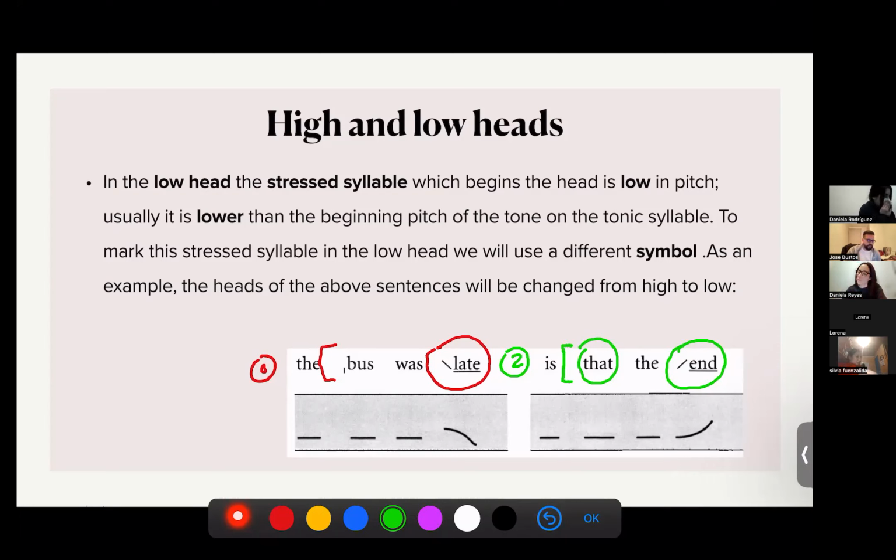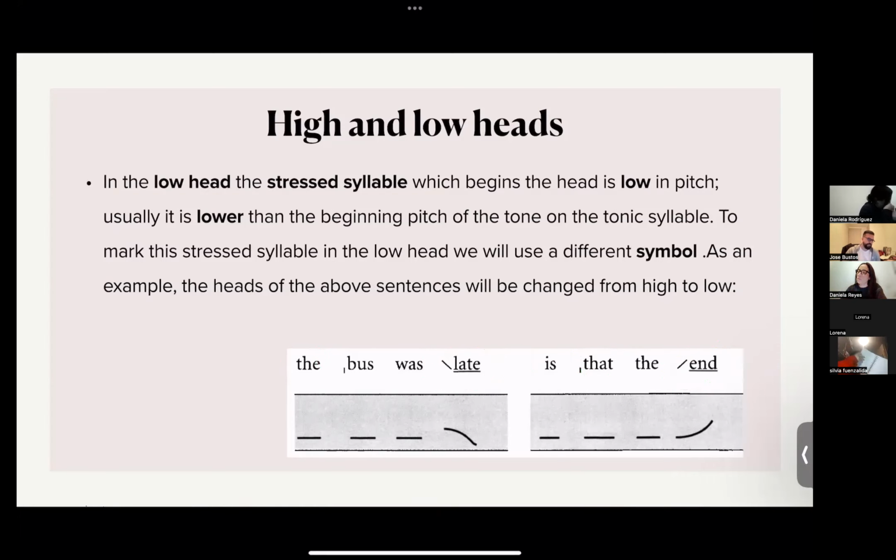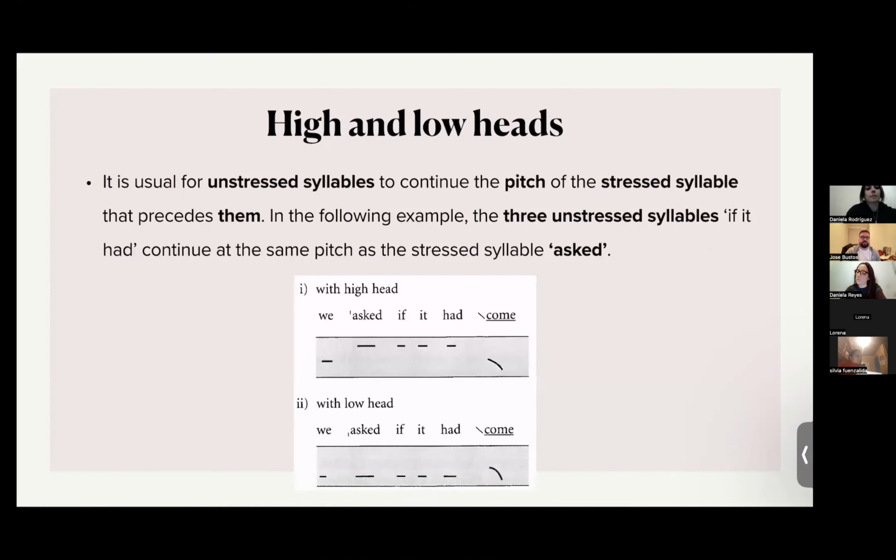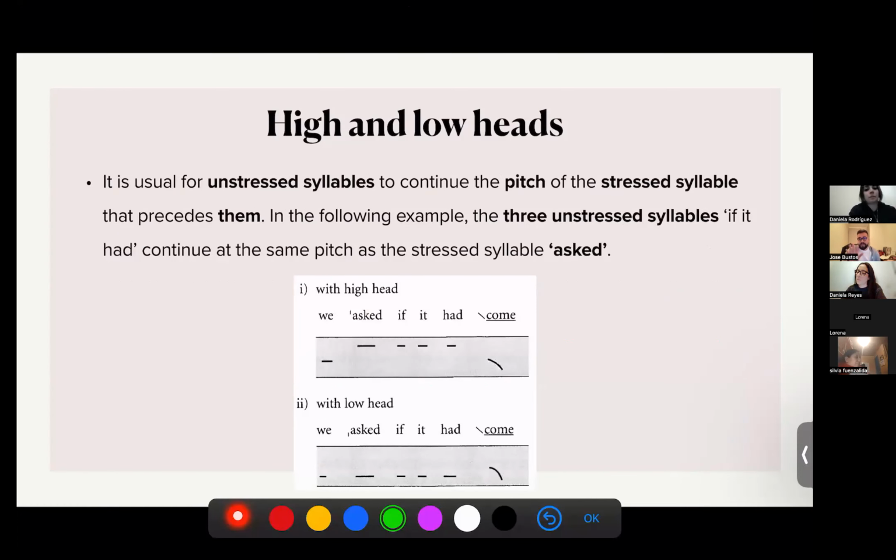Now, let's continue with the examples, but first I want to make sure that you all understand. Is this clear? Yes, so far, the parts of the head. Okay, good. It is usual for unstressed syllables to continue the pitch of the stressed syllable.